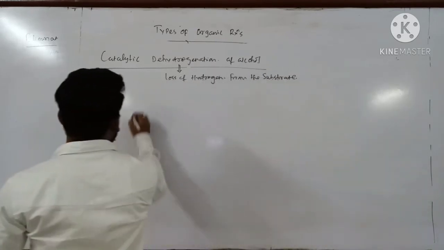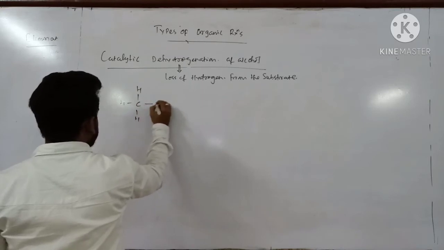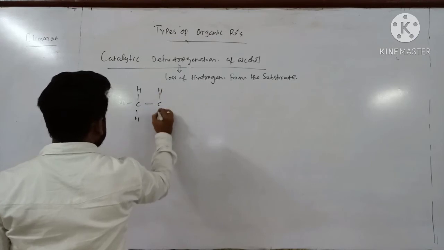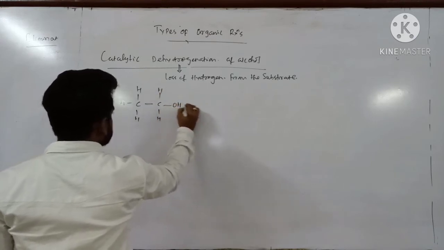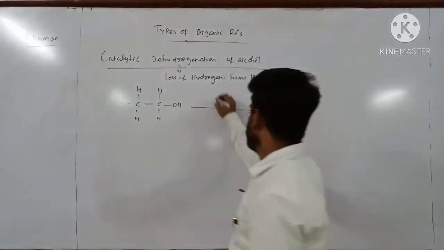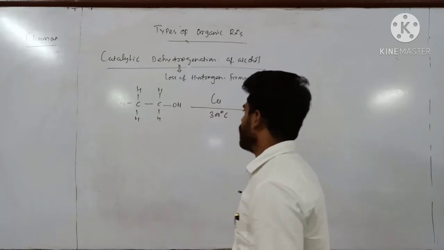Let's say this one is CH3CH2OH. Catalytic dehydrogenation, let's say in presence of copper near about 300 degrees centigrade. What happens?